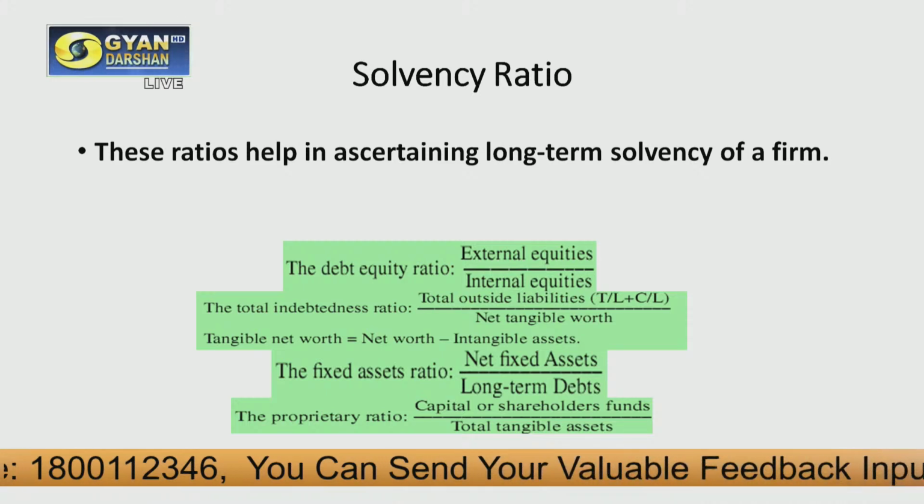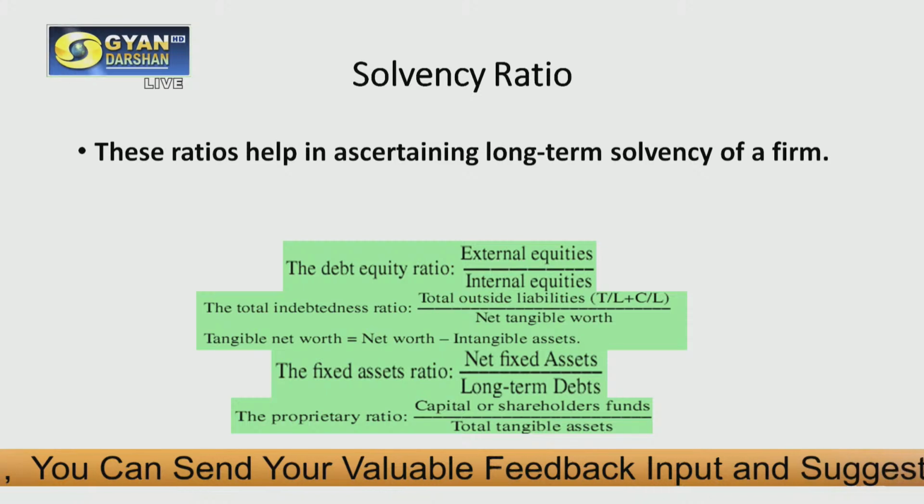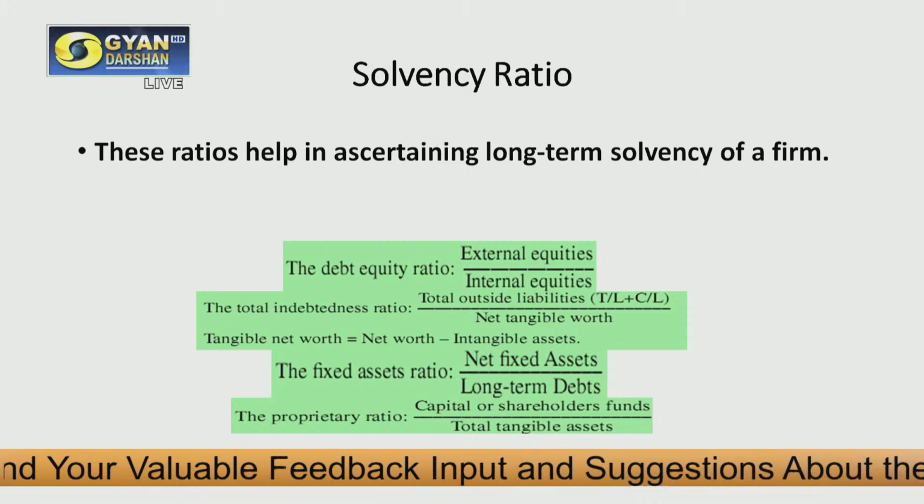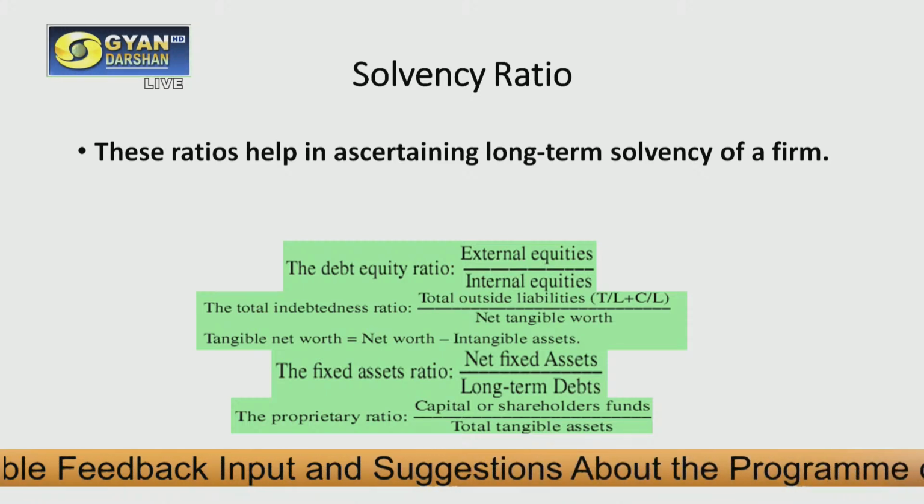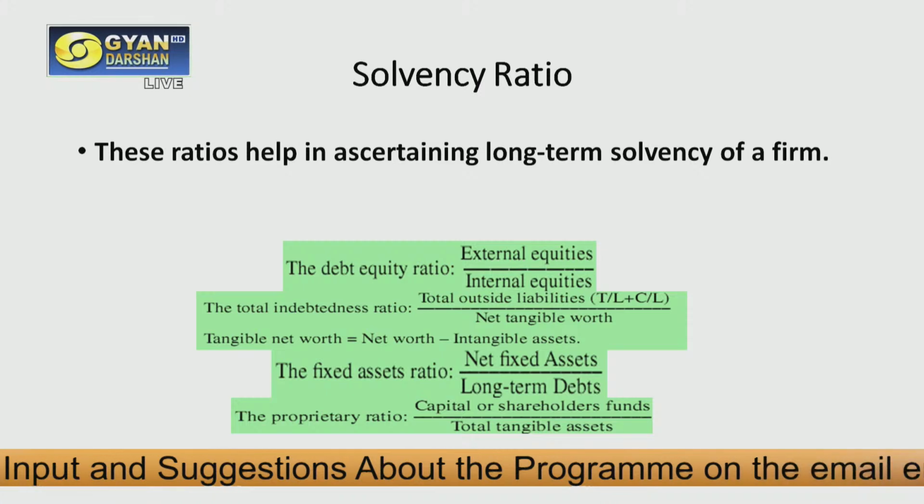If the debt equity ratio of a company is very high, the company is having too much debt as compared to the equity capital, then definitely the company is classified as a high risk company.